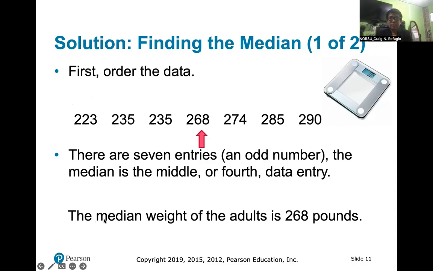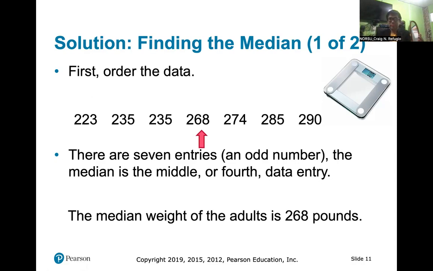So in here, the median weight of the adults is 268 pounds. So what does it mean if the median weight is 268 pounds? That means 50% of the total number of data have values equal to 268 pounds or maybe less than 268 pounds.